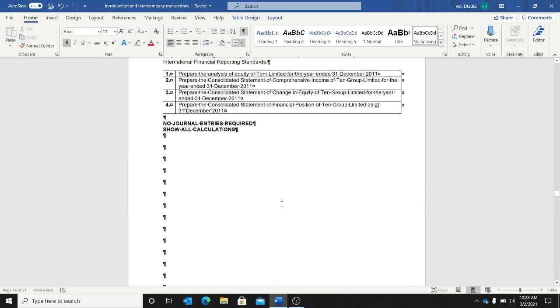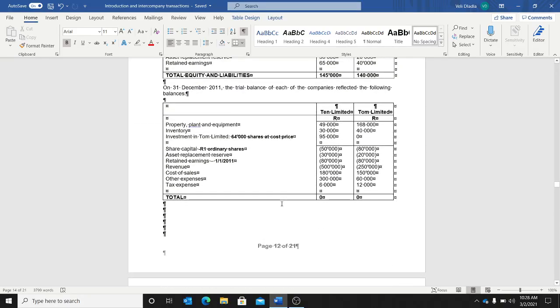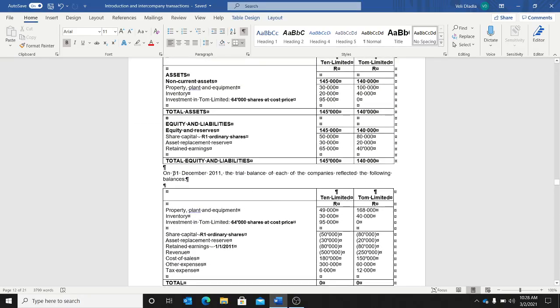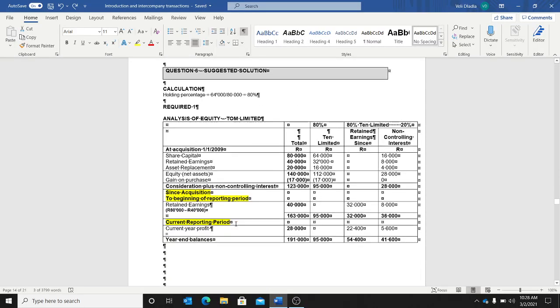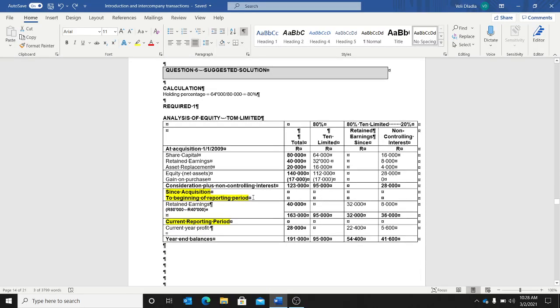Now, let's get to this. So this is your current year, right? This is the current year. Now, if this is my current year, what is my beginning? This thing, this since acquisition to beginning of reporting period.